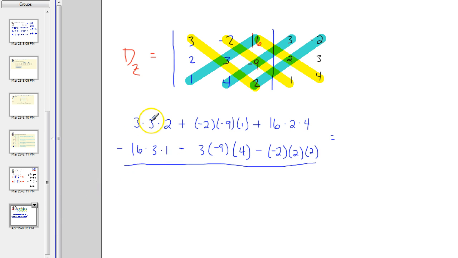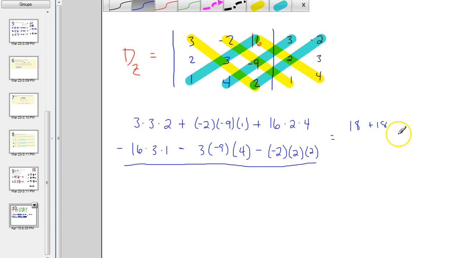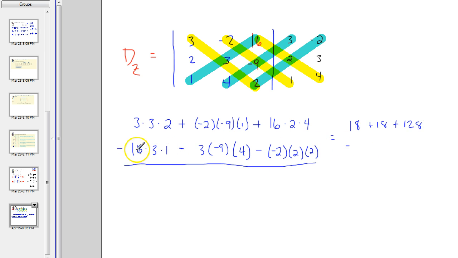All right, 3 times 3 is 9. 9 times 2 is 18. Plus, negative times negative is a positive, another 18. And then 16 times 2 times 4, that'll be 8 times 6, 48. And then minus, this is an 18. I'm sorry, this is a 48.